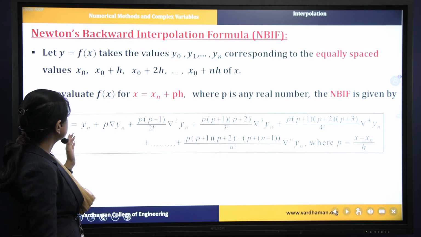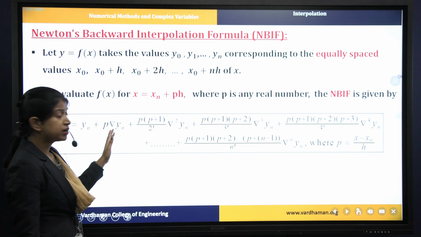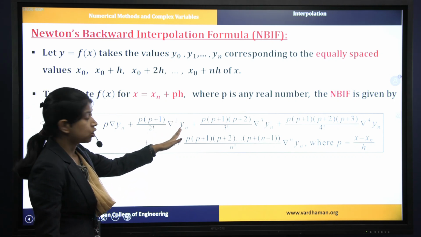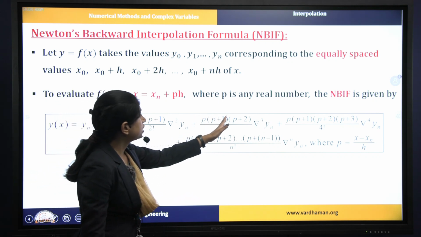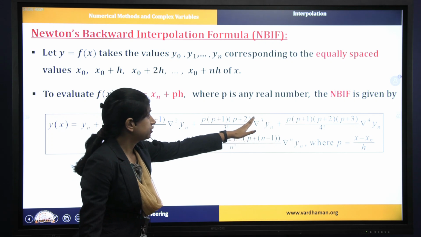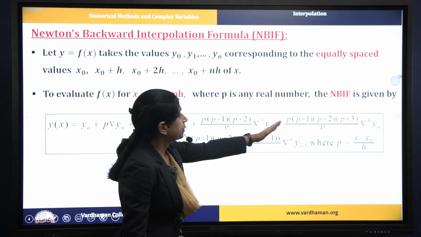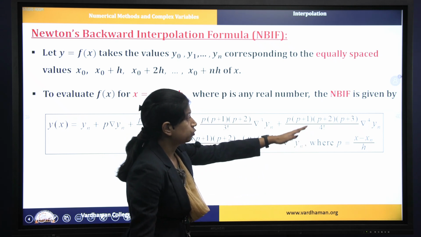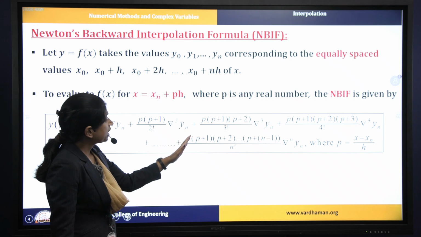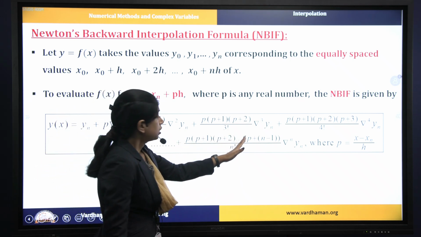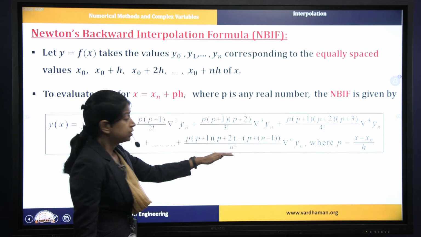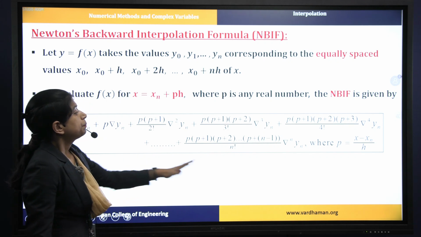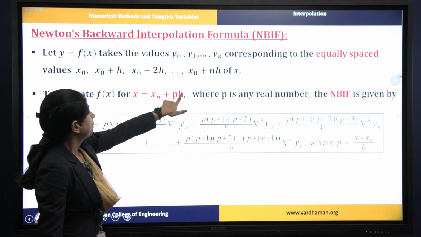So yx is equal to yn plus p into the first backward difference of yn, plus p into p plus 1 by 2 factorial, second backward difference of yn, plus p into p plus 1 into p plus 2 by 3 factorial, third backward difference of yn, plus p into p plus 1, p plus 2 into p plus 3 by 4 factorial into the fourth backward difference of yn, and so on, plus p into p plus 1, p plus 2 and so on up to p plus n minus 1 by n factorial into the nth backward difference of yn. And here p is x minus xn by h.